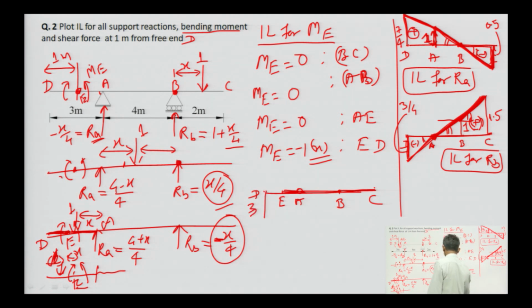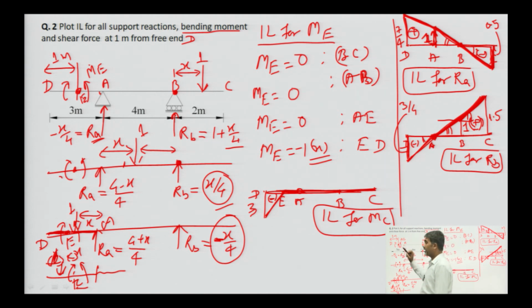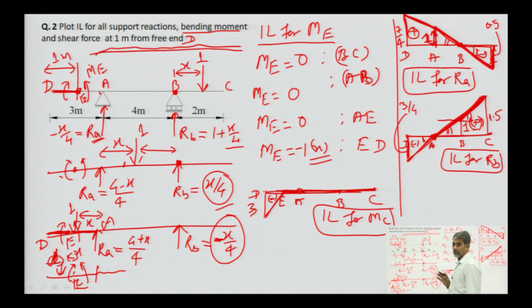So, this will be the IL for ME. What it means is that bending moment at this point is possible only when the load is in the DE segment, otherwise it is 0. Whatsoever is the value of the load in this segment, we do not have any bending moment, right.